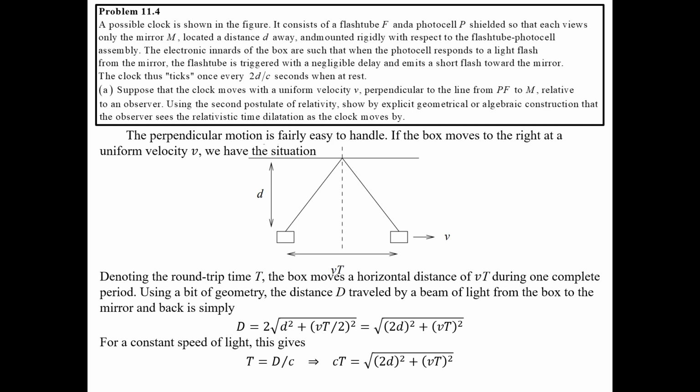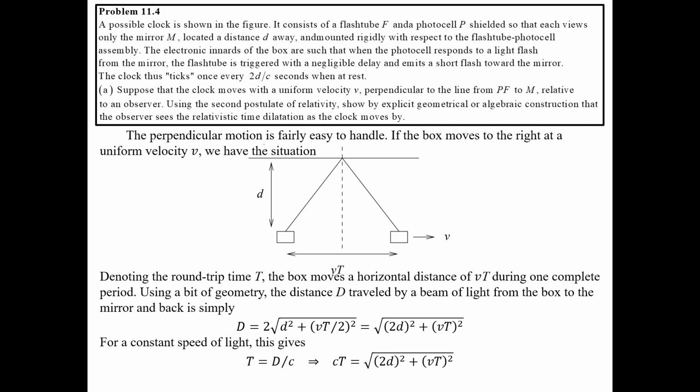The perpendicular motion is fairly easy to handle. If the box moves to the right at a uniform velocity v, we have the situation shown in the graph. Denoting the round trip time t, the box moves a horizontal distance of vt during one complete period.